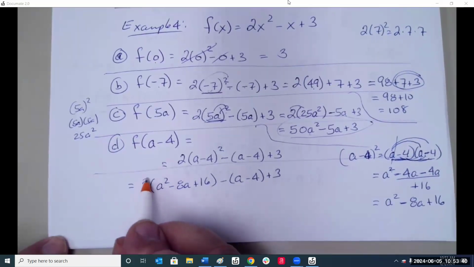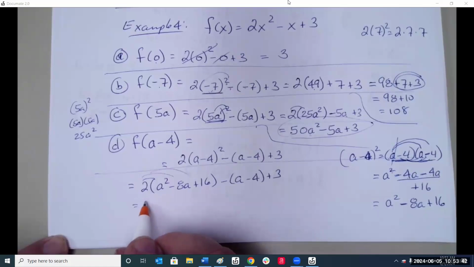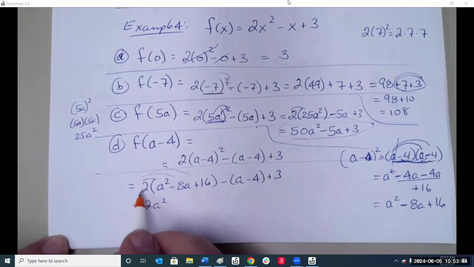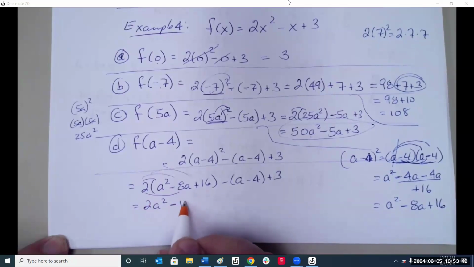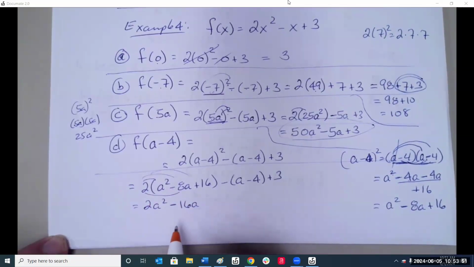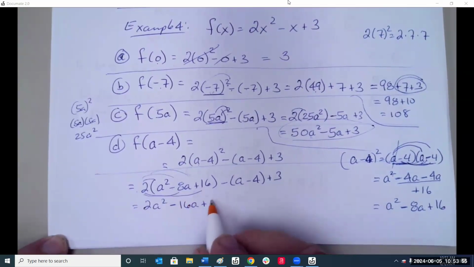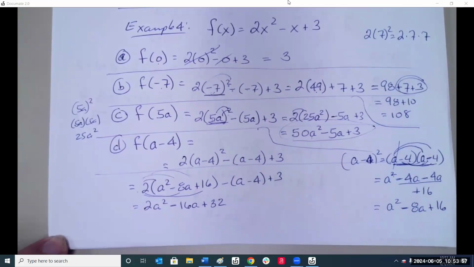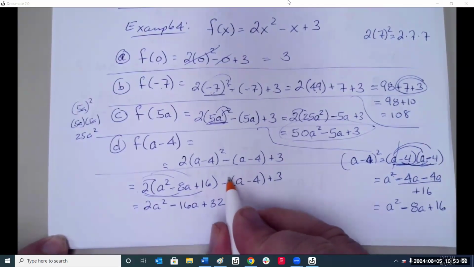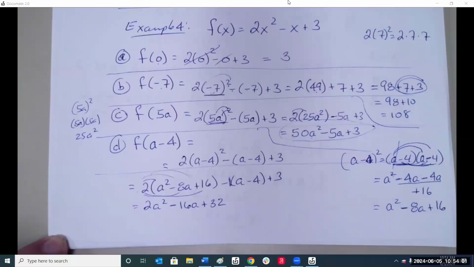Get rid of the parentheses, so I have to multiply by 2. 2a squared, positive times negative is negative. 2 times 8 is 16a. Positive times positive is positive. 2 times 16 is 32. There's a 1 in front of here.